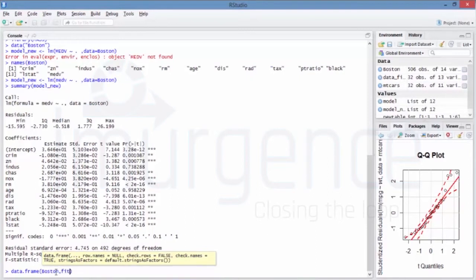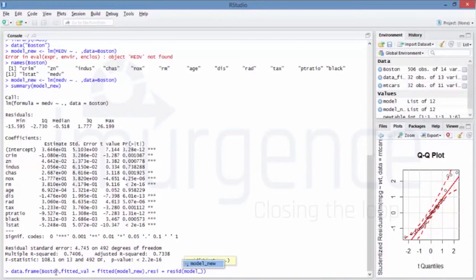So I'm saying fitted_value is equal to fitted(model_new), and I can also say the residuals, that is the error, is equal to resid, and in brackets I'm saying put this as model_new.